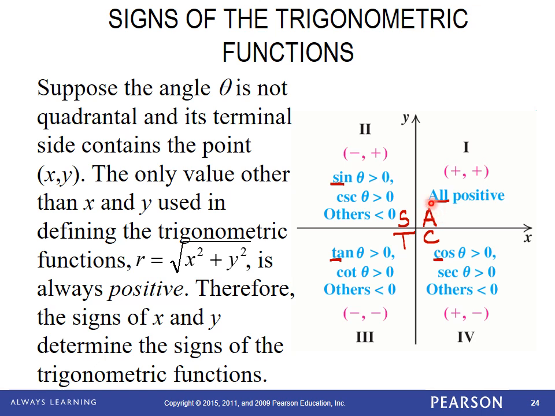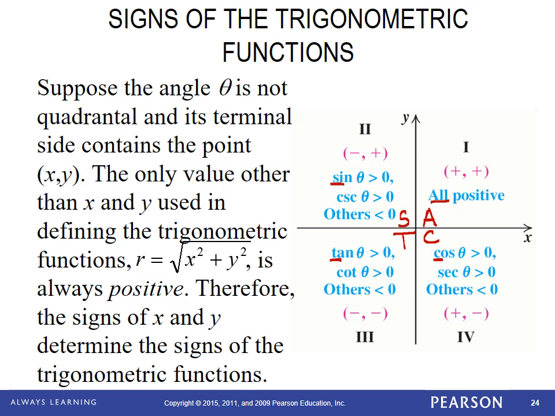So I said, all students take calculators and don't return them. That's still not true either, because not all of them were thieves, just a few. So I don't know how you guys want to do this. Some people say cats, C-A-T-S, as you sort of go backwards. That's cool too. But anyways, in quadrant 1, all of them are positive. In quadrant number 2, you got sine, then you go tangent, then you go cosine as far as being positive.